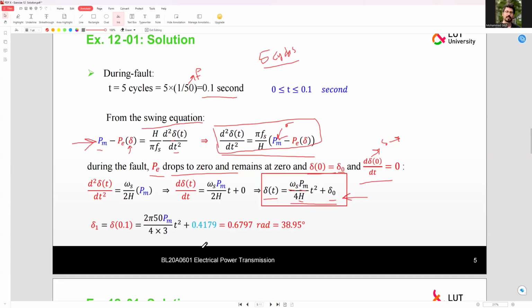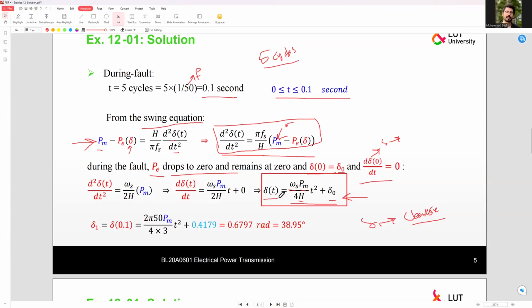So then our delta 1, which is the fault clearance, would be at 0.1, which is 5 cycles. We calculated the time duration.